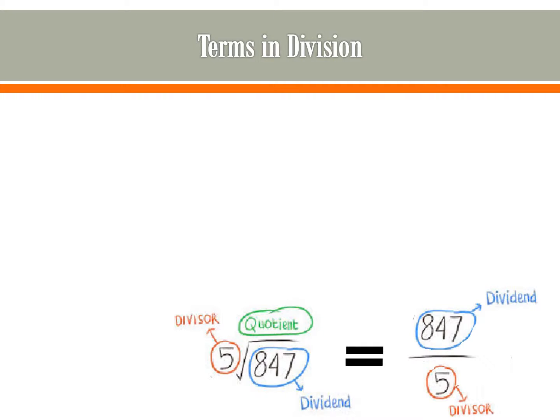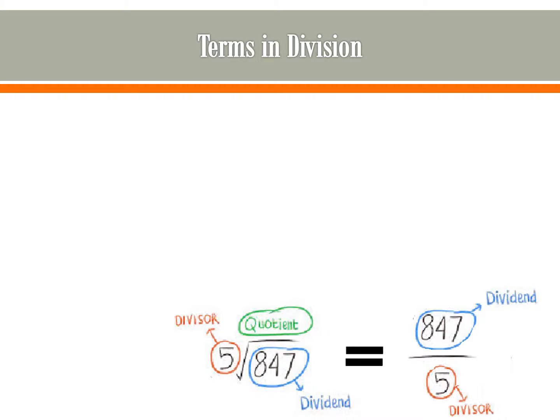Okay, so let's go through some terms in division. Before we get into it, we've got divisor, quotient, and dividend, and those are division problems. We write division in a couple of different ways. One is written there with that check mark looking rectangle thing over the 847.